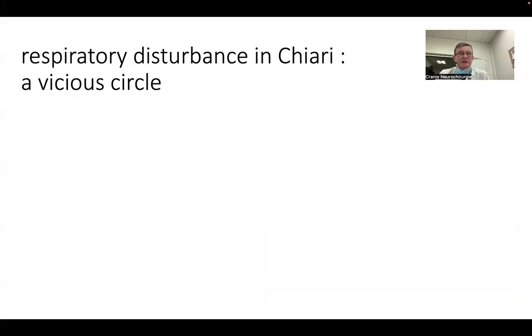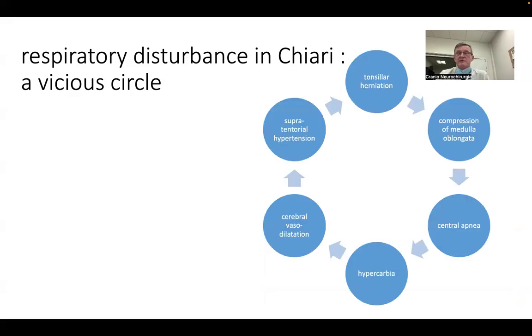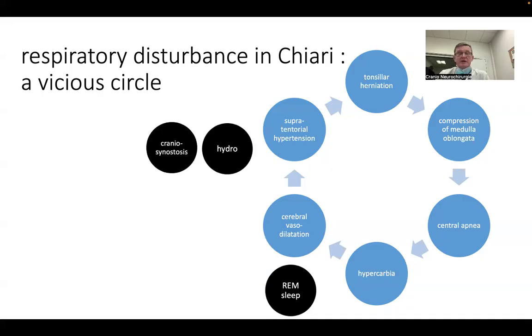We have to understand that the respiratory disturbance in Chiari is a vicious circle, because you have a tonsillar herniation, which causes compression of the medulla oblongata, causing central apnea, which causes hypercarbia, causing cerebral vasodilatation, hence supratentorial herniation. This vicious circle can be aggravated during rapid eye movement sleep, the period when you dream. The supratentorial hypertension can be aggravated by craniosynostosis or hydrocephalus.